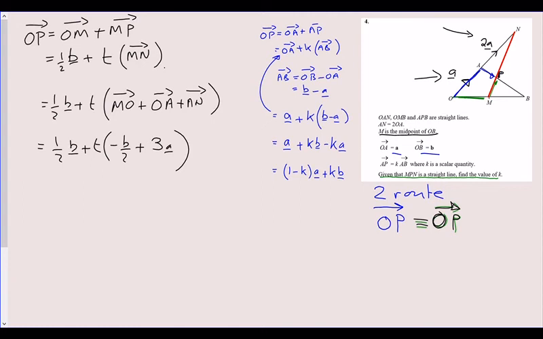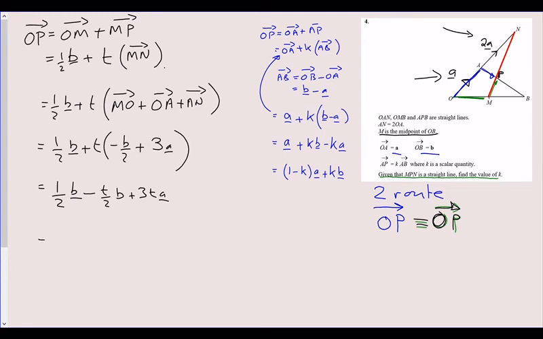So I'm going to expand that out and collect the like terms again. So I've got half of b, and minus t over 2 b, plus 3t of a.